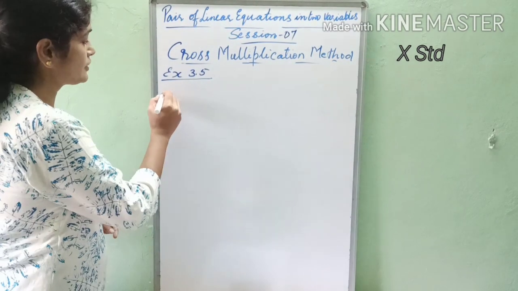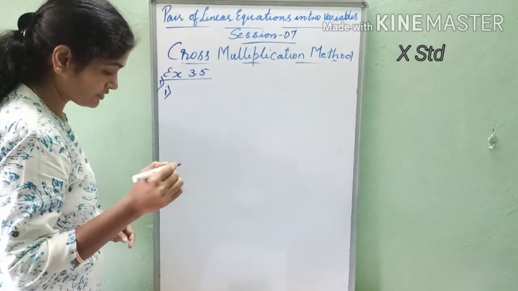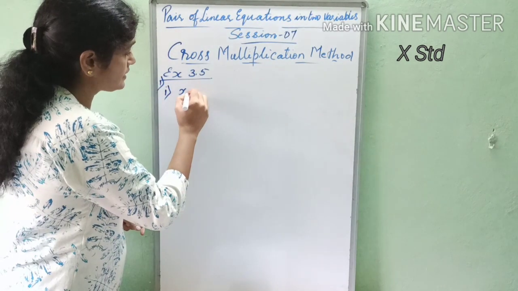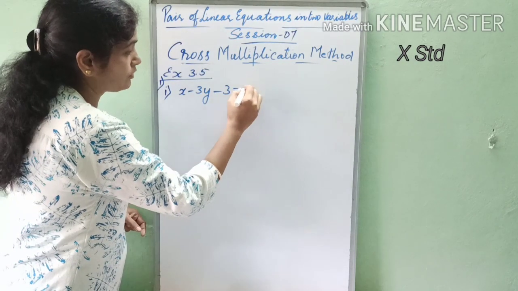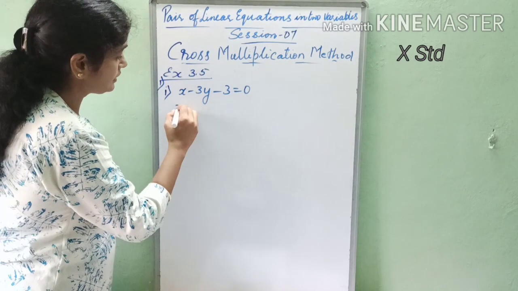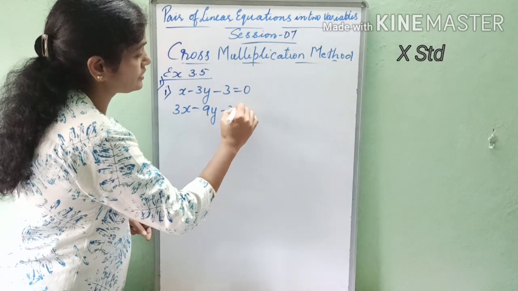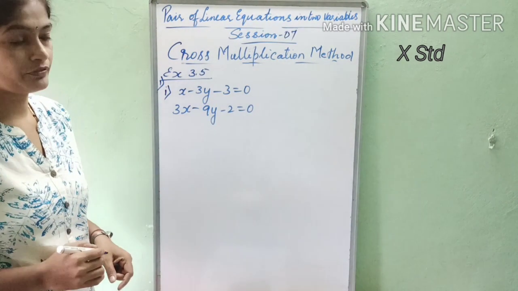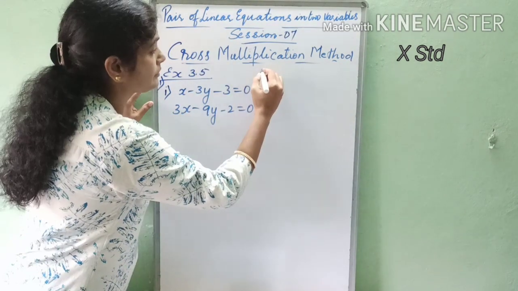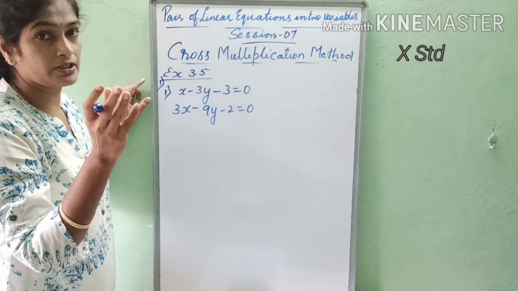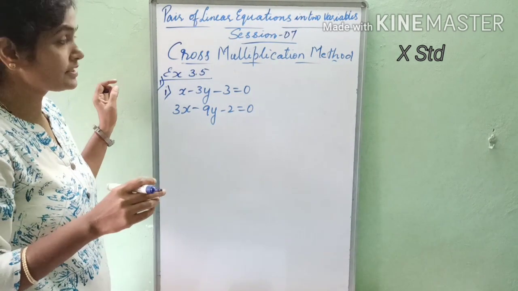Let's see the first one. What are the equations in the first question? It is x minus 3y minus 3 equal to 0 and another, 3x minus 9y minus 2 equal to 0. Now we will check the condition. The standard form is a1x plus b1y plus c1 equal to 0, and a2x plus b2y plus c2 equal to 0.